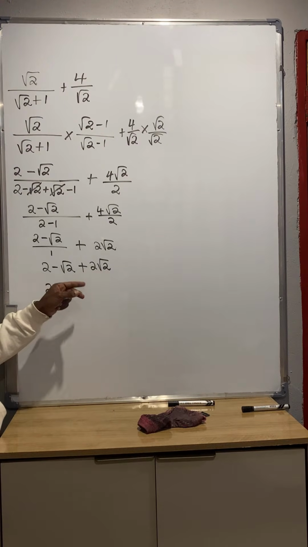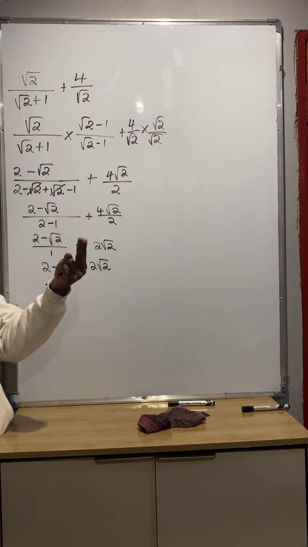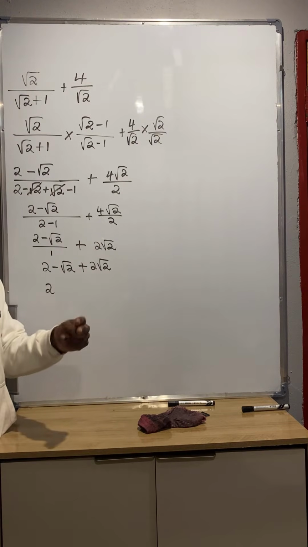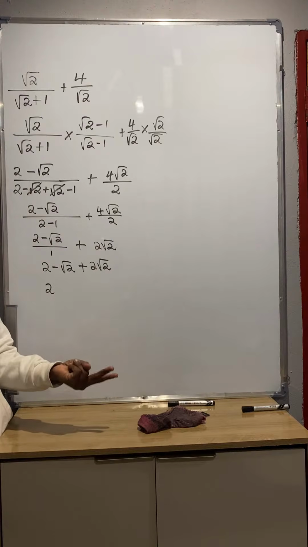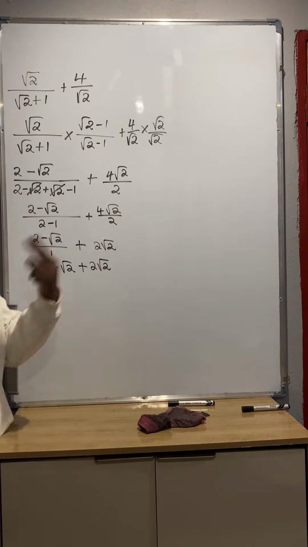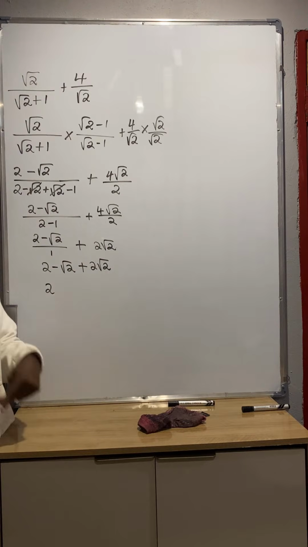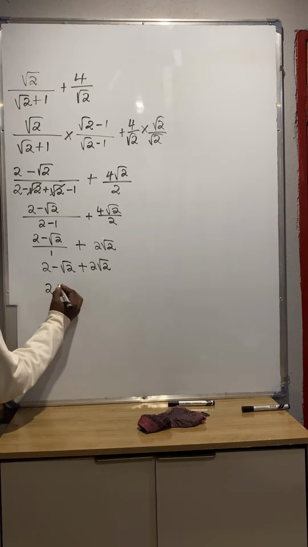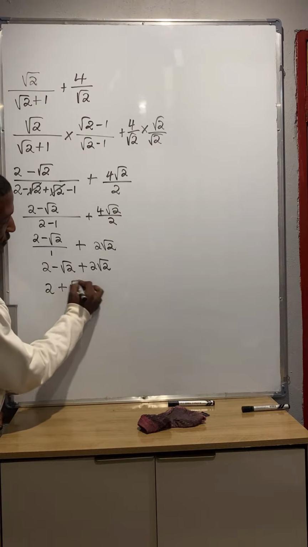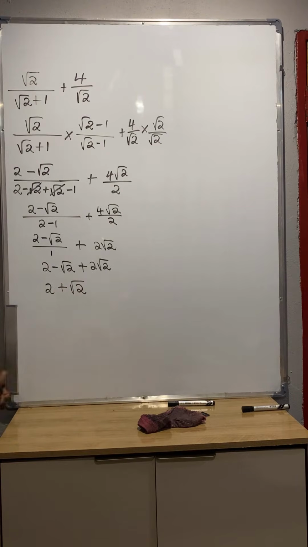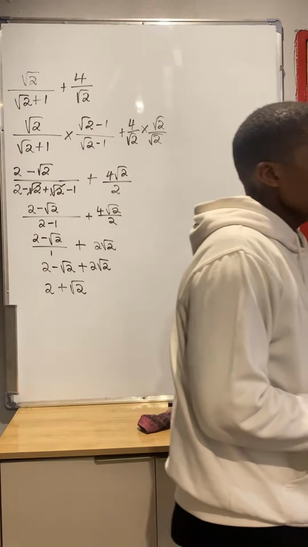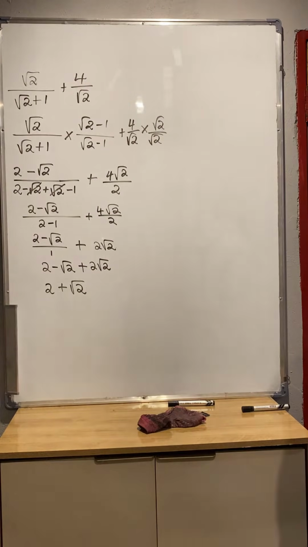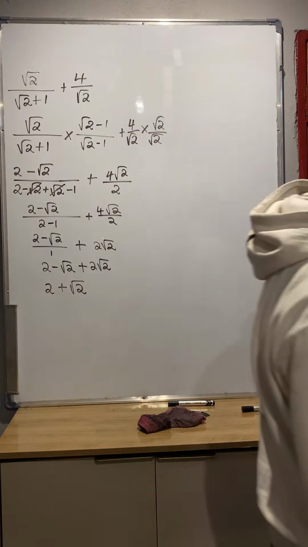So you have 2 square roots of 2. You remove 1 square root of 2. You are left with simply positive square root of 2. And that is your final answer.